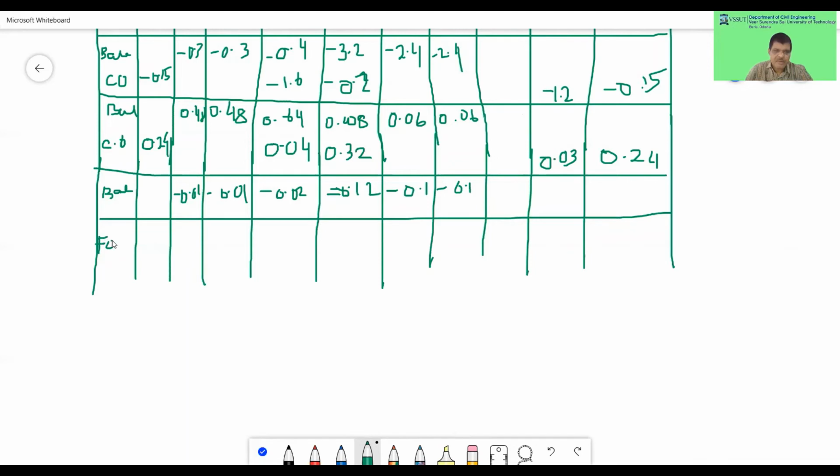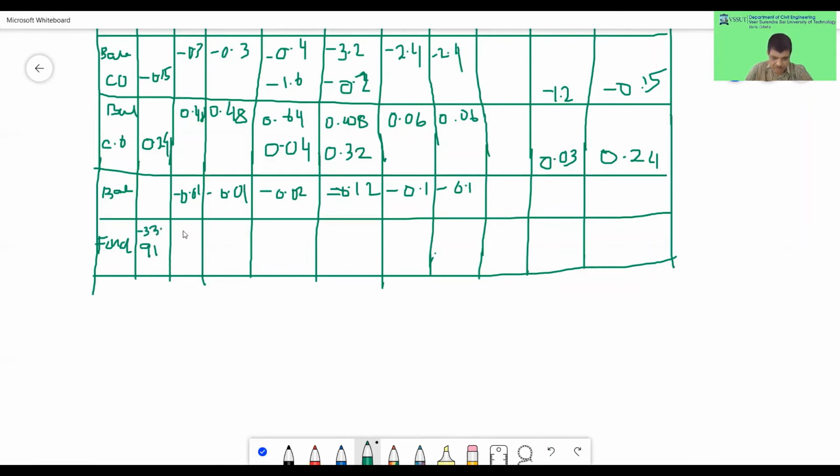Now calculate the final moments. What are the final moments now? You add all the values in the columns. The first column, add the values. It will come minus 33.91.